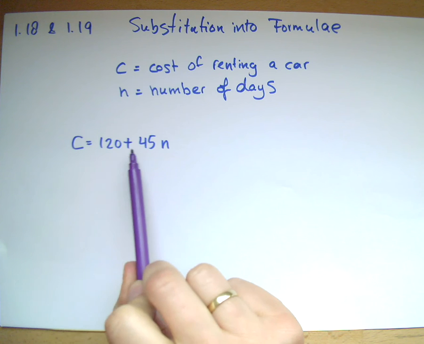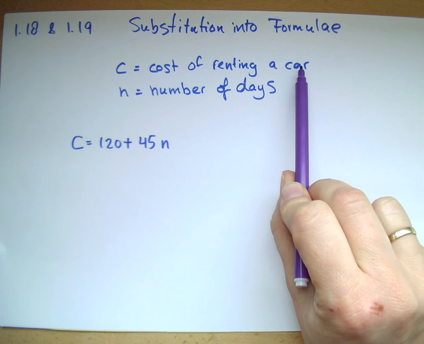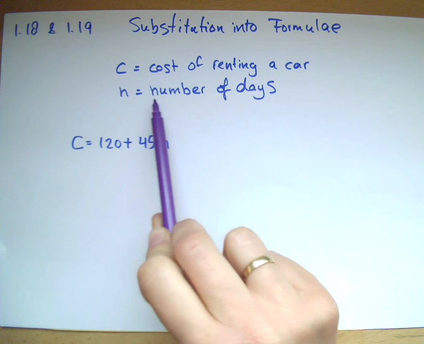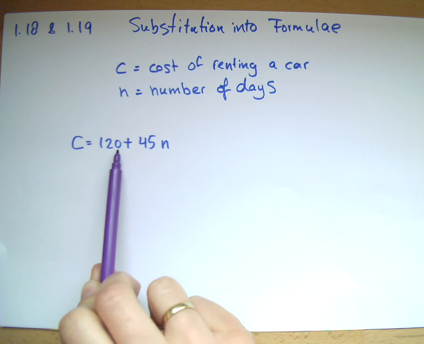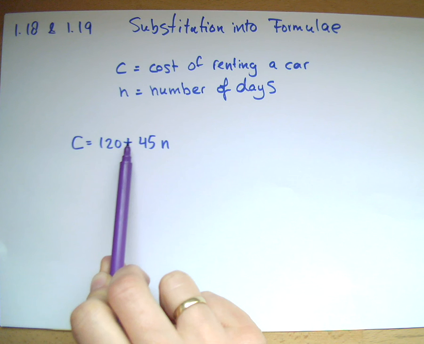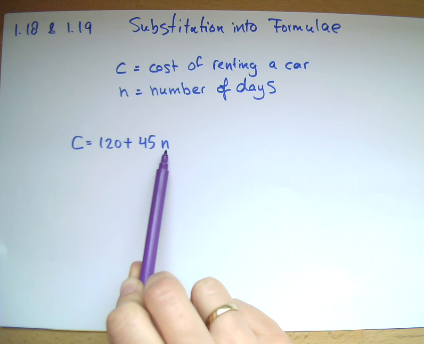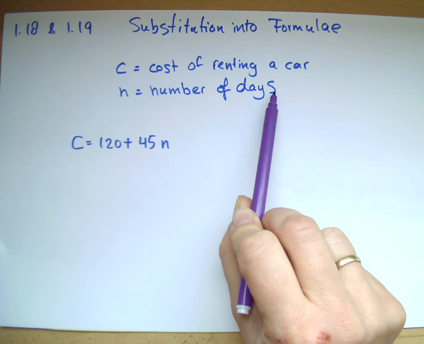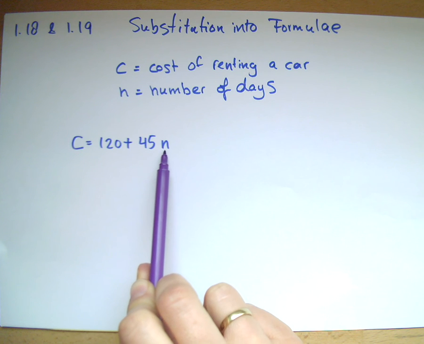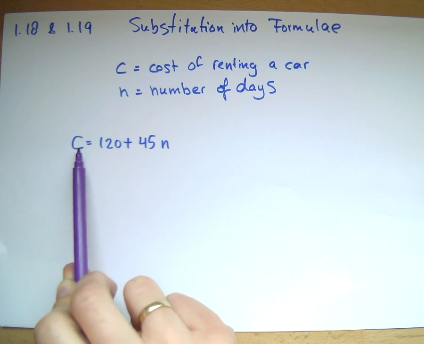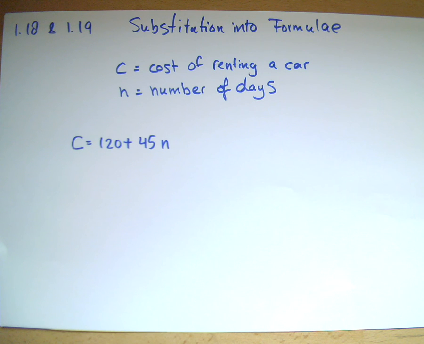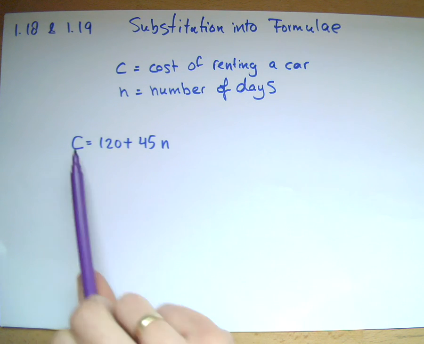Say this is the formula to find the cost of renting a car, where N is the number of days. So the cost of renting a car is $120 plus 45 times N, N being the number of days. So depending on how many days you're renting the car for, your cost will go up. So this is all given.